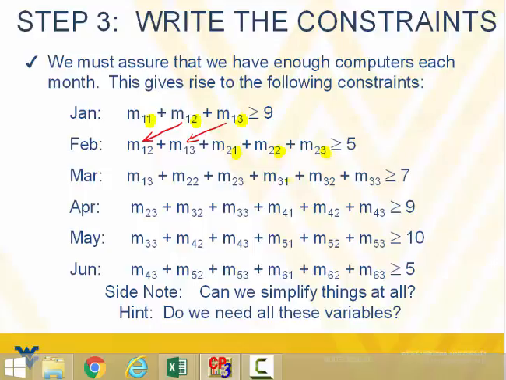For the third month I have the same thing, the 1, 2 and 3 month contracts for the third month, but now I have my 3 month contract from the first period, my 2 month contract from the second period, and my 3 month contract from the third period. And basically this is how I keep constructing my constraints.